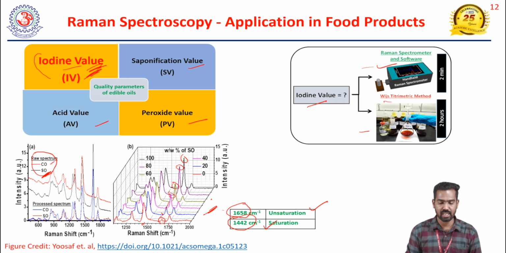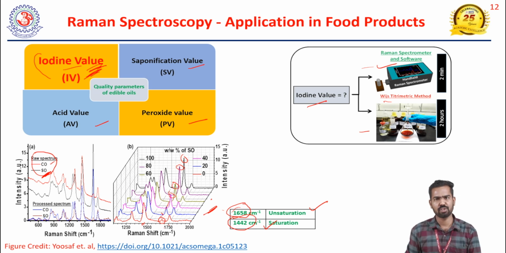So we took a ratio between unsaturation and saturation level, and we made an algorithm using some software. Now we are adding some machine learning, ML, software also. We developed one GUI, a graphical user interface, with the help of LabVIEW.